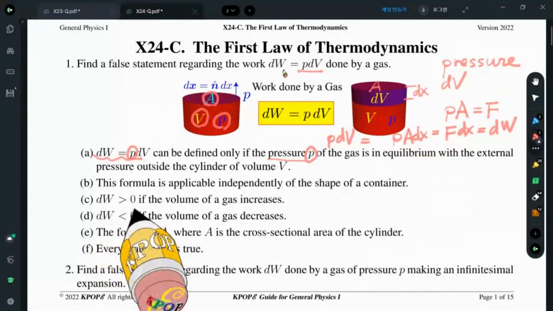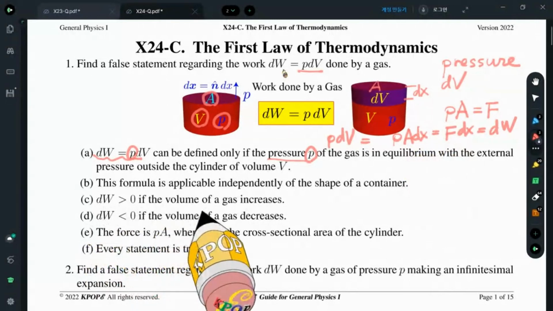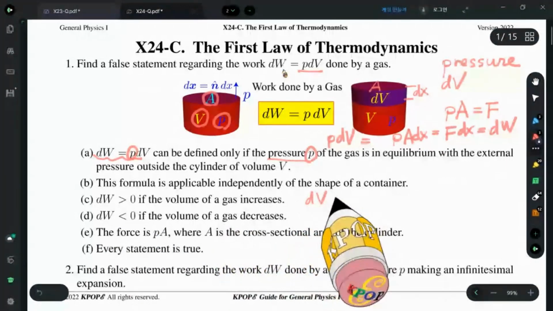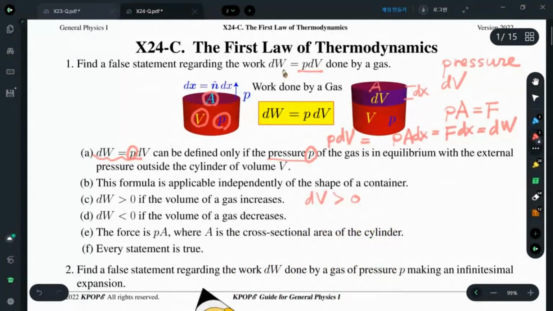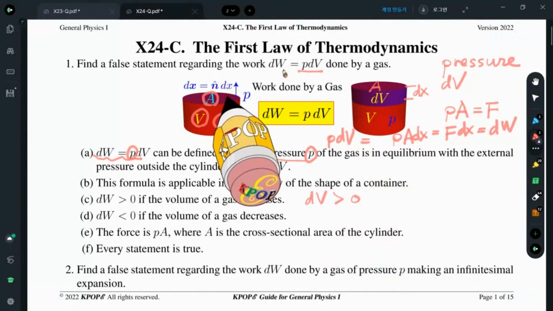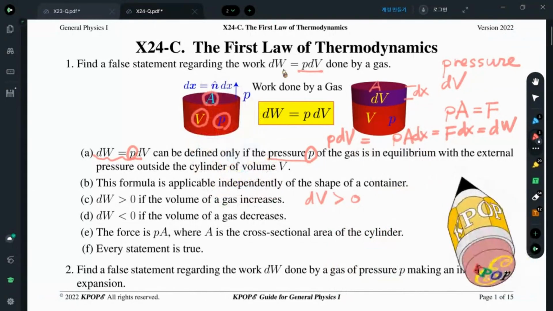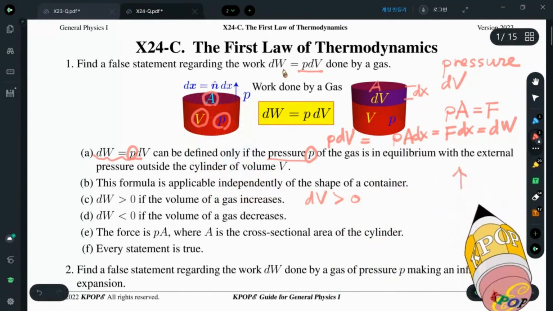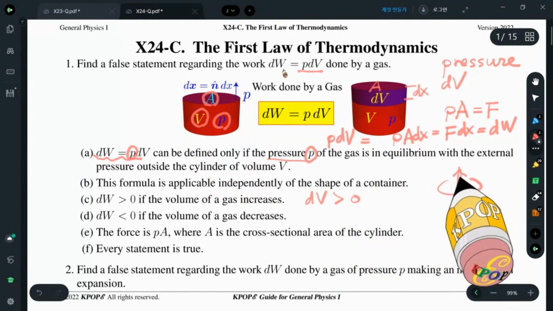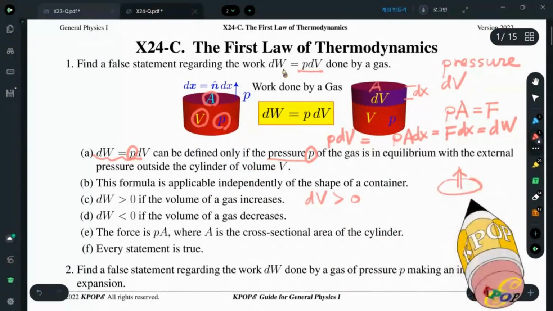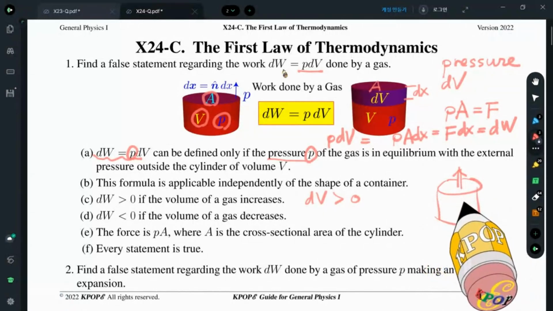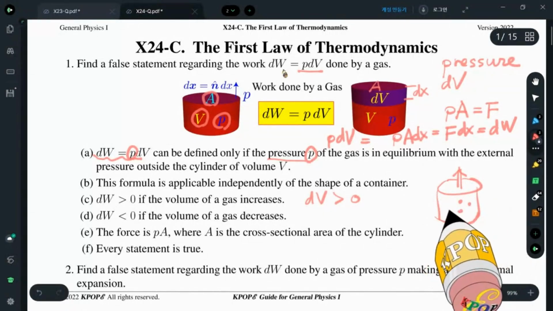The dW is positive if the volume of the gas increases. That means dV is positive. The gas applies force to the external environment, and it is always toward the outside. The gas wants to expand. The origin of the pressure is the motion of molecules.